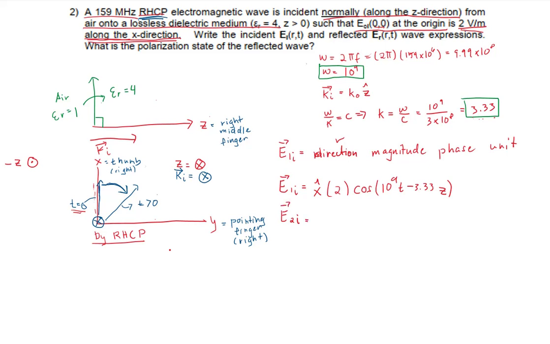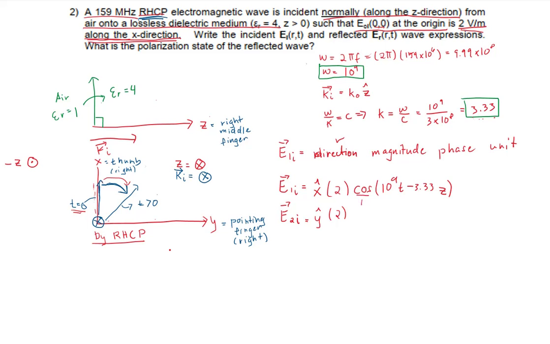What is the direction? So let's look at this one. Initially it started from the x-axis and it's moving clockwise. It's moving towards the positive y direction. So over here we just put y hat, the magnitude, which is 2 volts per meter.